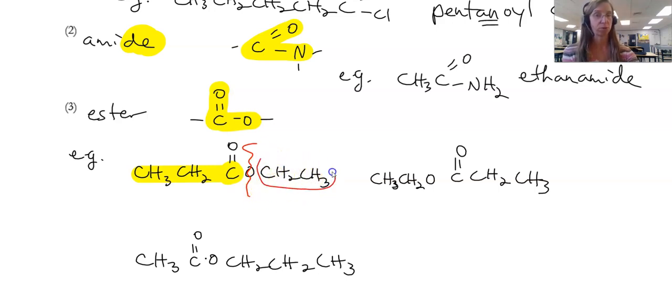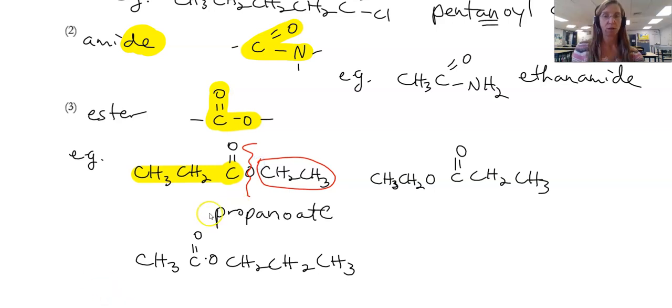Those carbons will be on the side group. So the main group is propanoate, and then the side group is just ethyl. You don't need to put anything in front of the ethyl. There has to be something on the oxygen. It must be on the oxygen if it's there without anything in front of it. Ethyl propanoate.